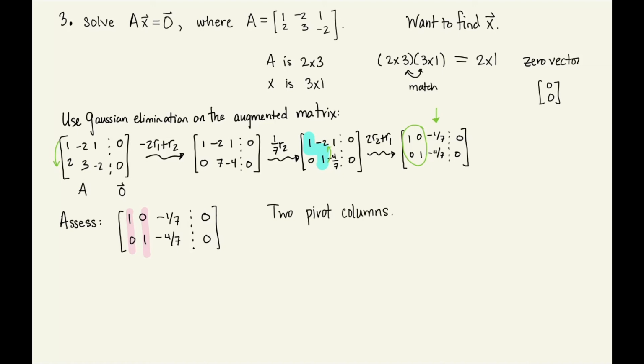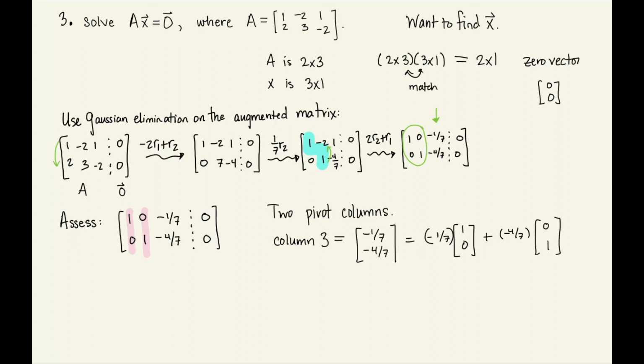But then I have a third column, and I can write down a relationship that describes column 3 in terms of column 1 and column 2. So when I look at column 3, it is the column vector -1/7 and -4/7, which is the explicit linear combination of -1/7 as a scalar times (1, 0) plus -4/7 as a scalar times the vector (0, 1), which is a scalar times column 1 plus a scalar times column 2.